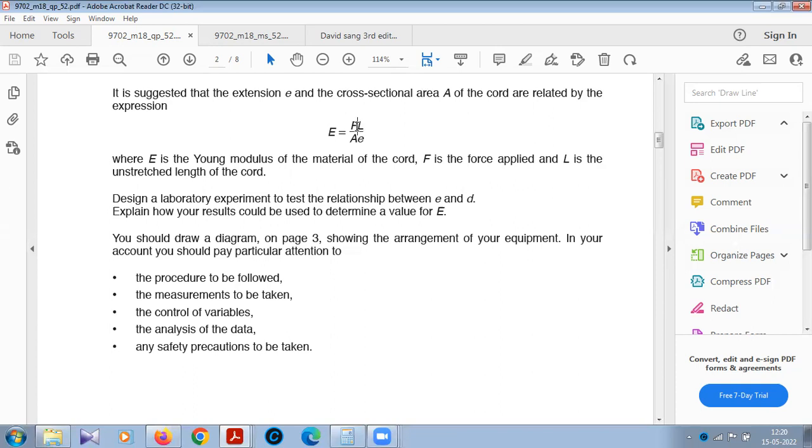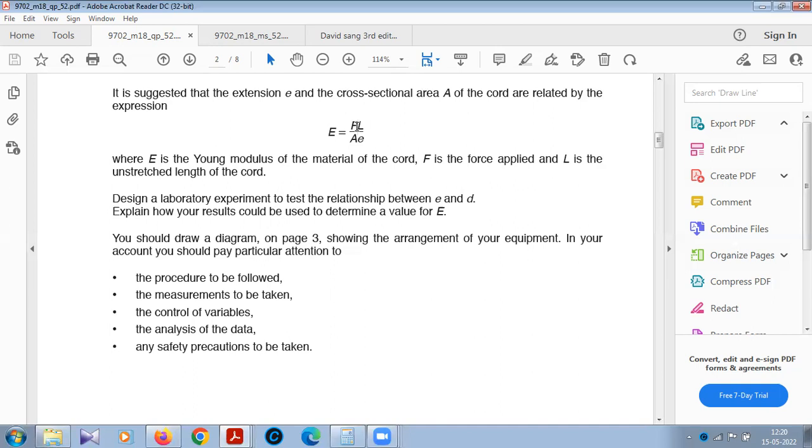I will also keep the force constant by hanging some weight from the end of the rubber, say a 100-gram mass. You have seen in the lab those 50-gram or 100-gram slotted weights, so we can use those and keep the mass constant, say 100 grams.